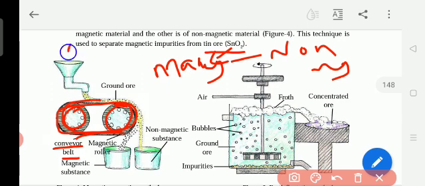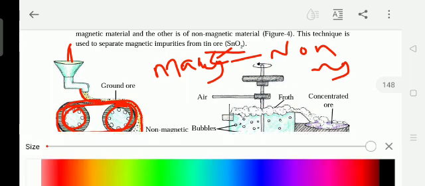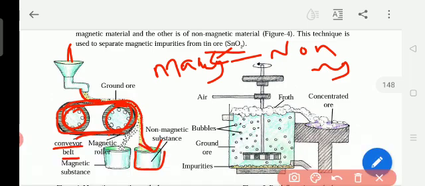Now the ground ore, the powdered ore, is poured on this. When it is coming like this, the non-magnetic substances fall here, and the magnetic substances, since a magnet has attraction towards iron, will be touching this and staying on the belt, while the non-magnetic material is separated.